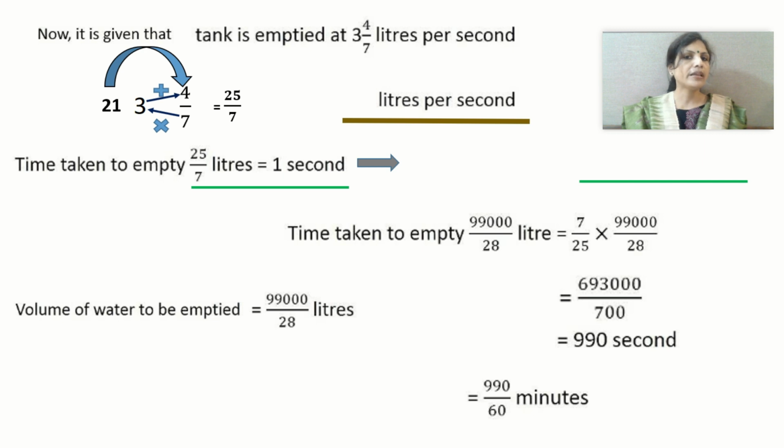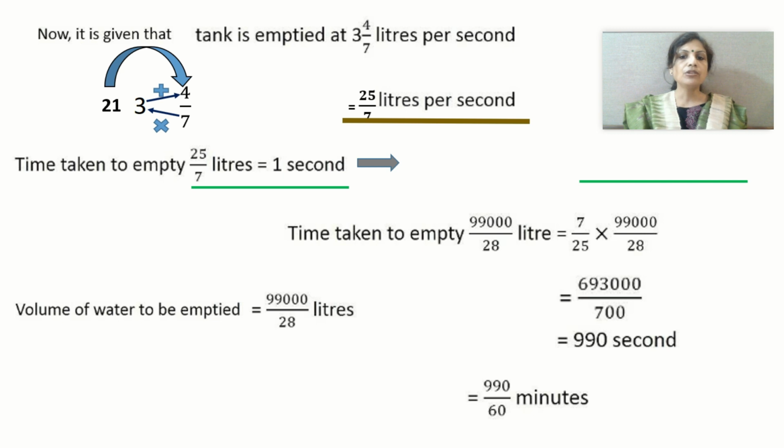So 3 4/7 is 25 upon 7 liters in 1 second. So I'll say like this: time taken to empty 25 upon 7 liters is 1 second.